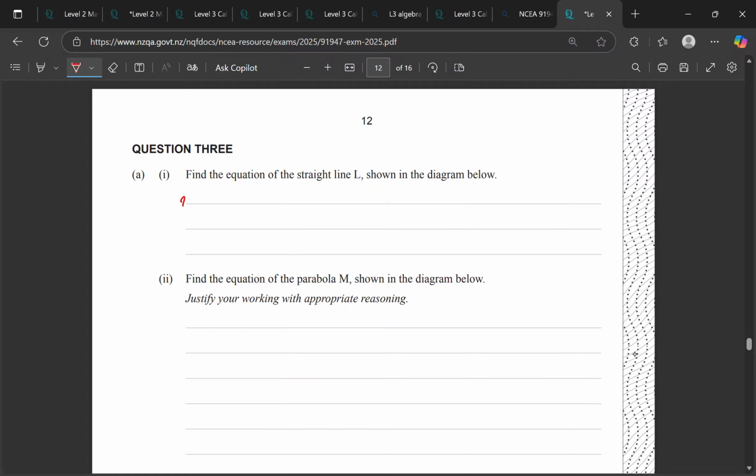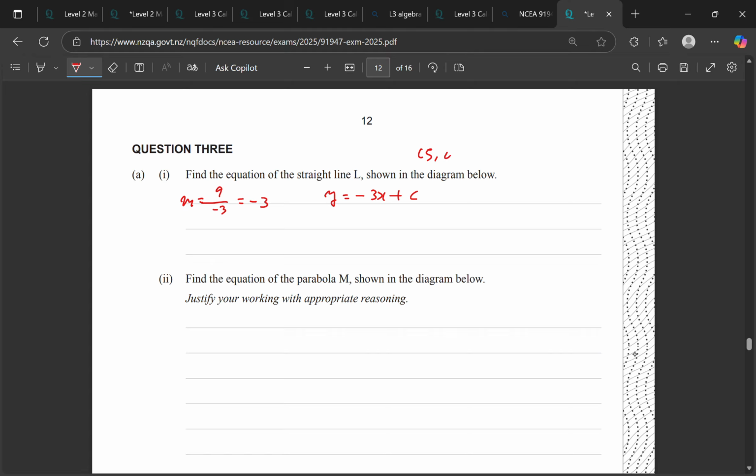First of all, M is change in y over change in x, in other words, rise over run, isn't it? So 9 take away 0 is 9, and then 2 take away 5 is negative 3. That gives me negative 3. So I've got y equals negative 3x plus c, and I use one of those 2 points.